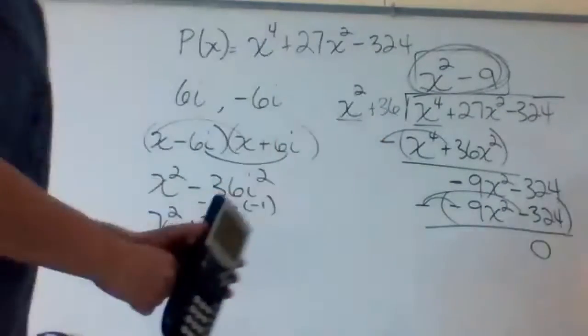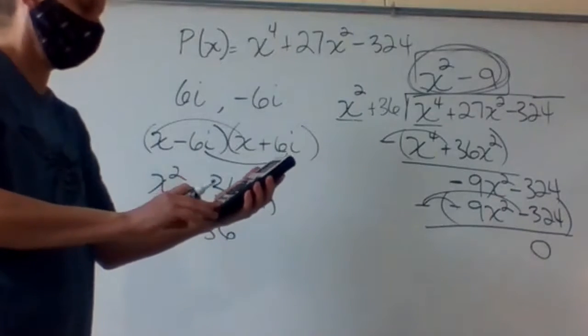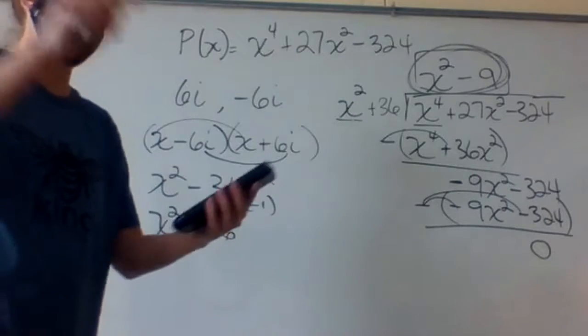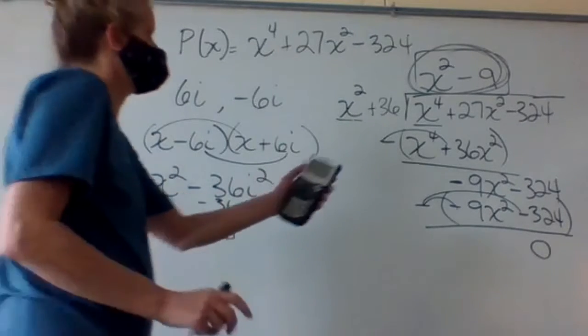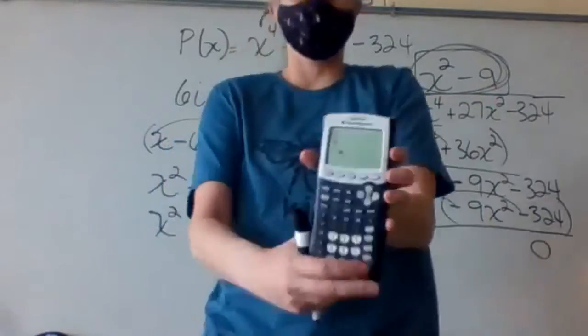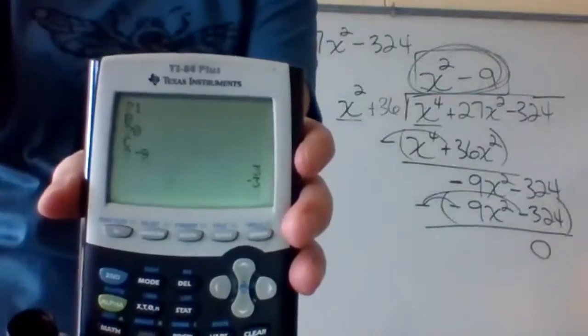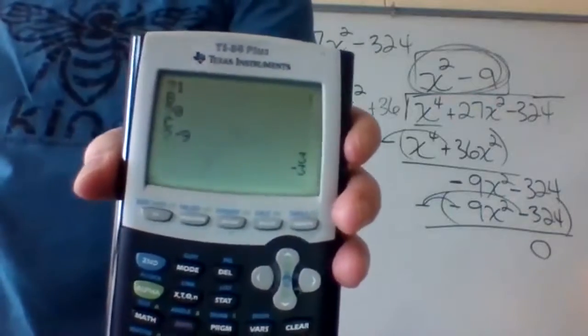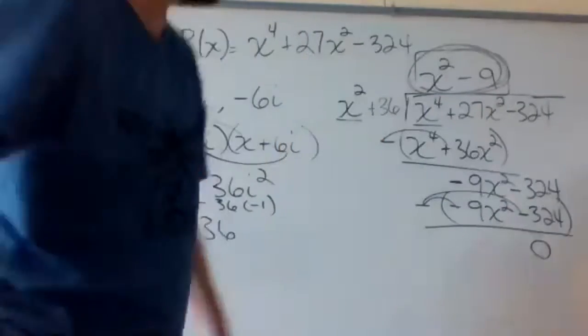What's a? What's in front of x squared? 1. What's b? Be careful. 0. Good. What's c? Negative 9. Enter. What are your other two zeros? Negative 3 and 3.